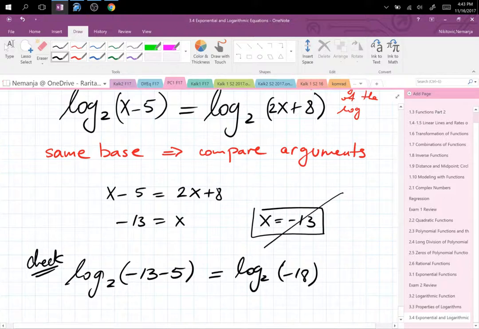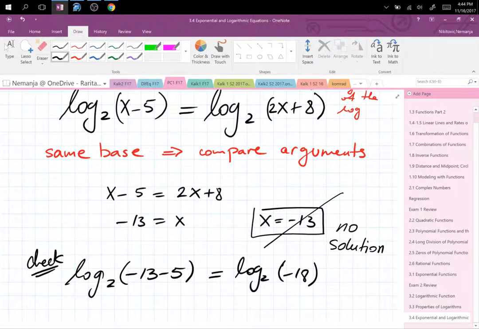So, no solution. The only number we got is negative 13. But if you try to plug negative 13 back, you get negative 13 minus 5, it's negative 18. And the same thing happens on the other side. You cannot take log of a negative number.